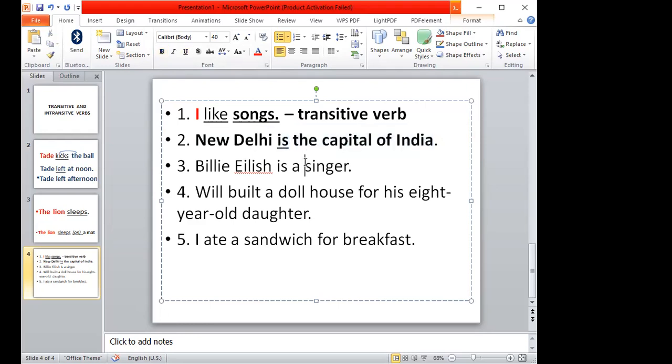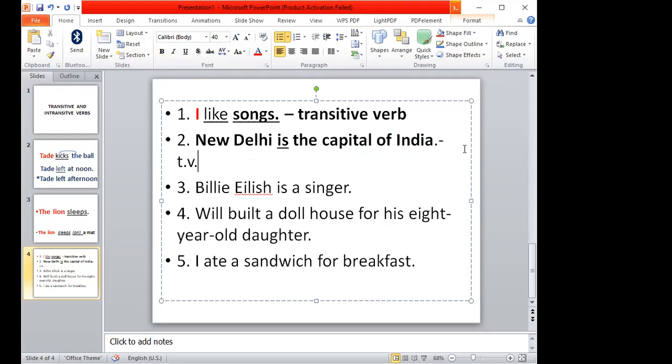But for the sake of this topic, we'll just take it as an object and let it be. So because I have a direct object beside my verb, this also will be a transitive verb.